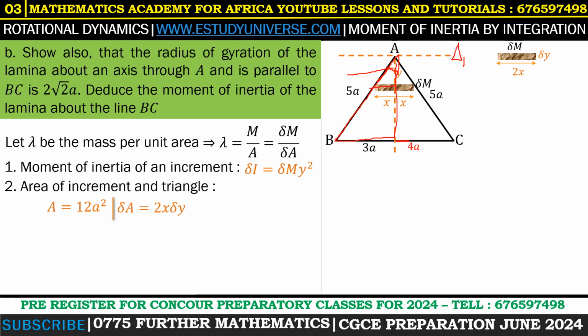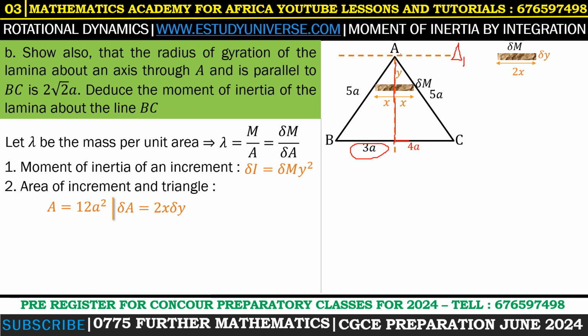If I take the tangent of that angle, the opposite will be x and the adjacent will be y. For the bigger right angle triangle, the opposite will be 3a and the adjacent will be the height, which is 4a.